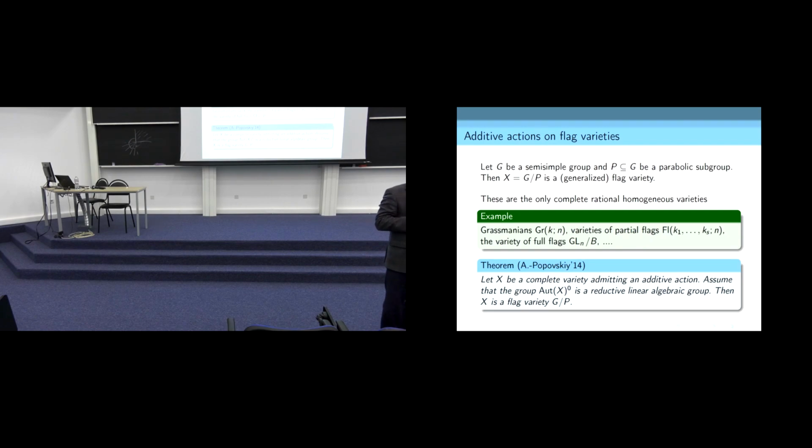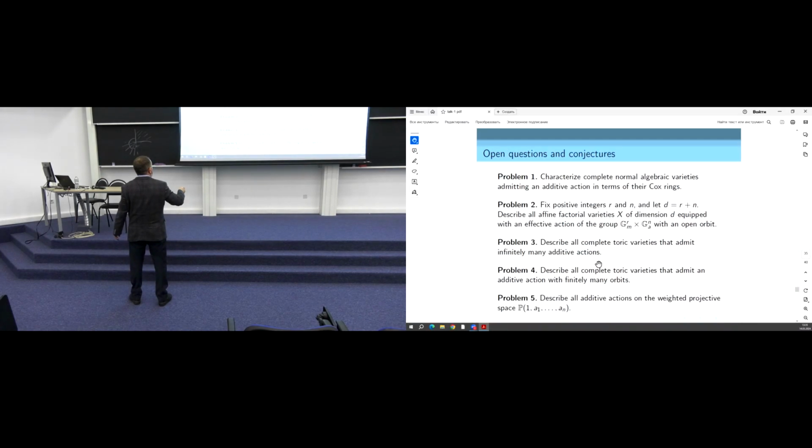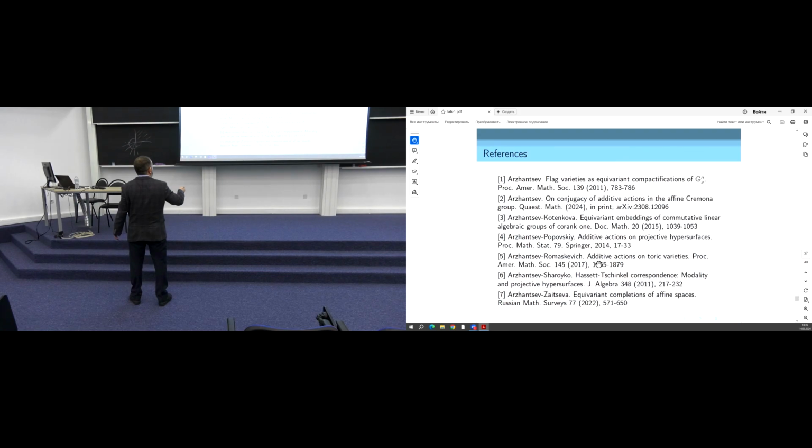Question from hell. Do you know anything about the product of copies of G_a with one single G_m and vice versa? Like, there are edge cases between the multiplicative torus and the... Yes, we do. Thank you for this question. Let me go to this list. This is the case we call co-rank 1.